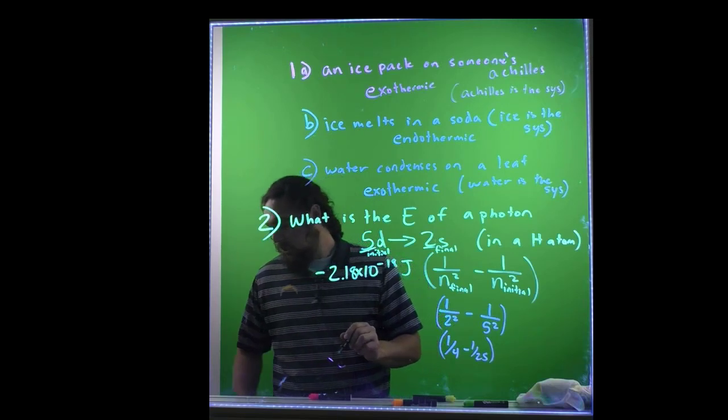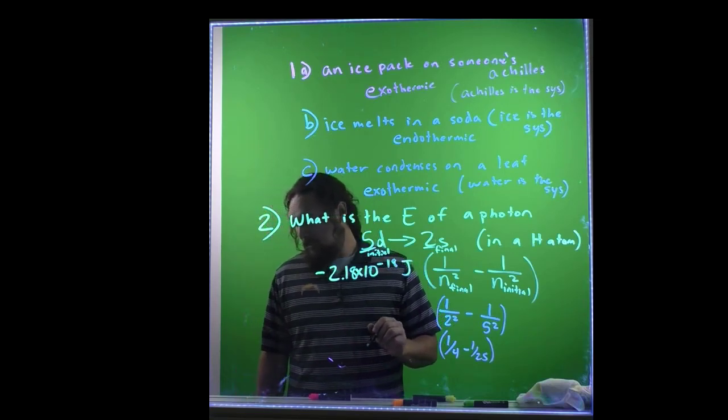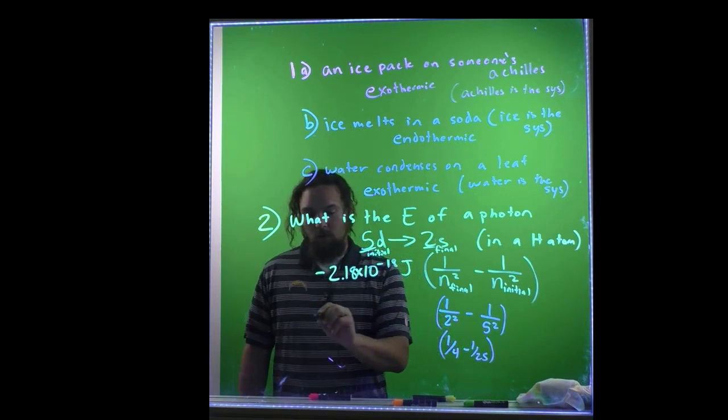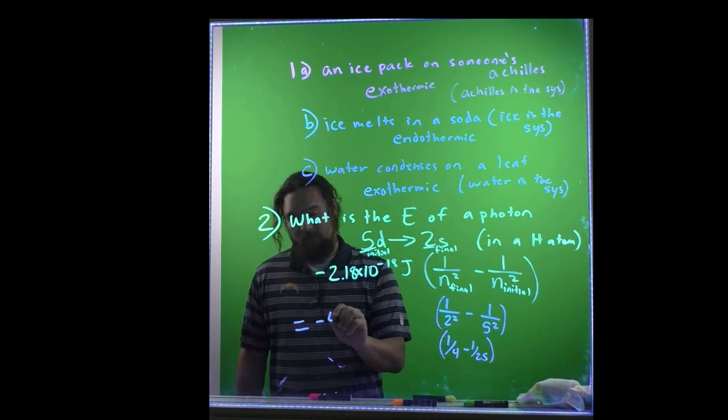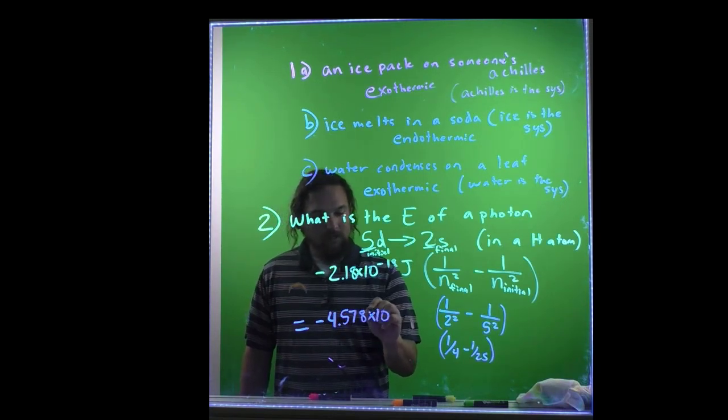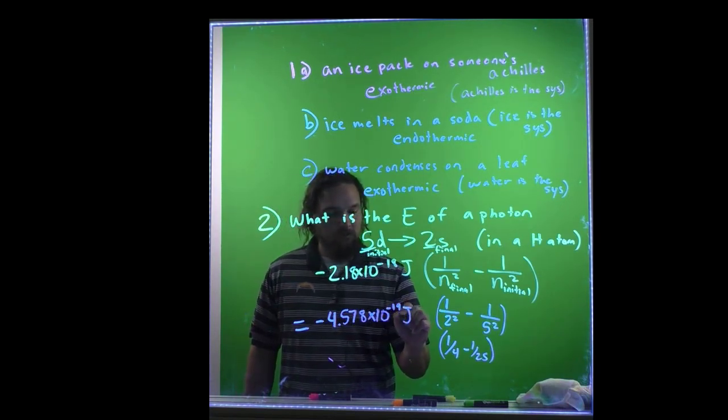And then when we multiply this by negative 2.18 times 10 to the negative 18 joules, what we end up getting is negative 4.578 times 10 to the negative 19 joules.